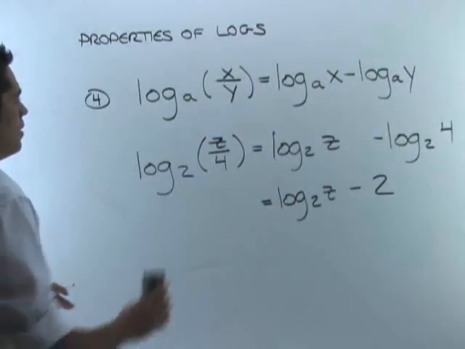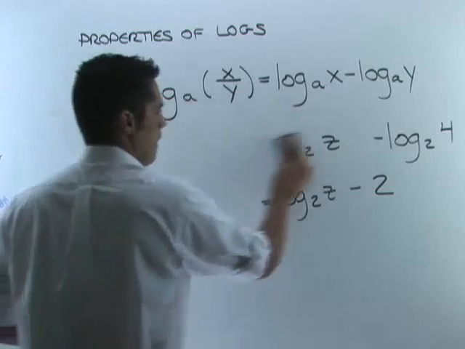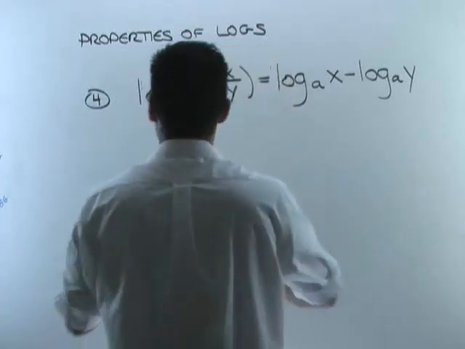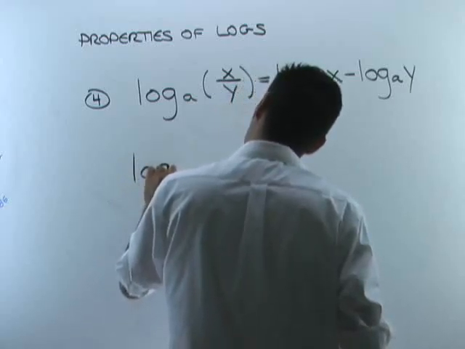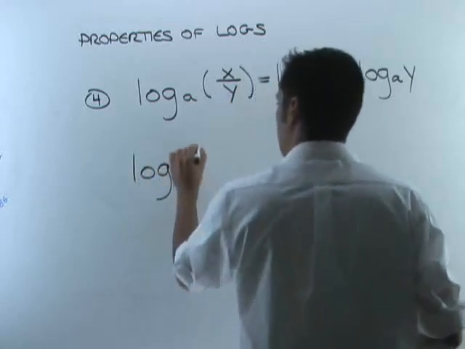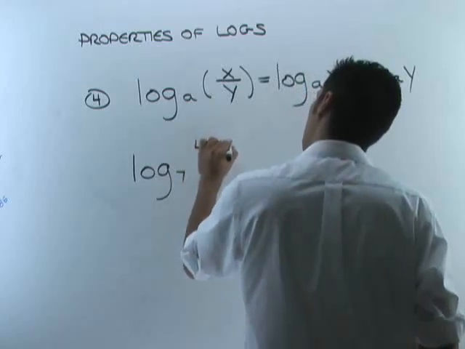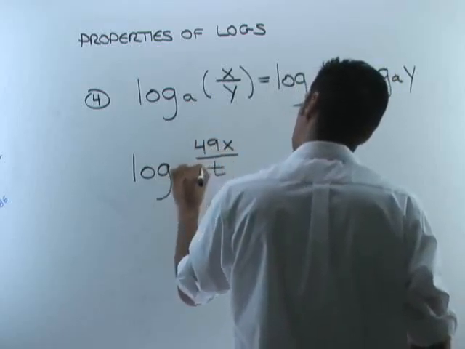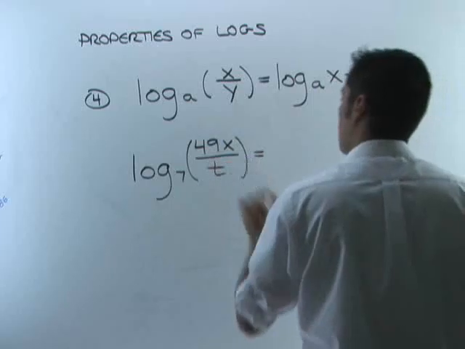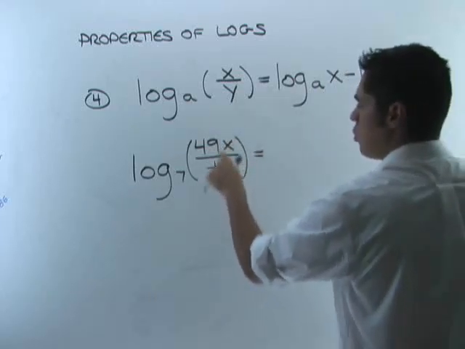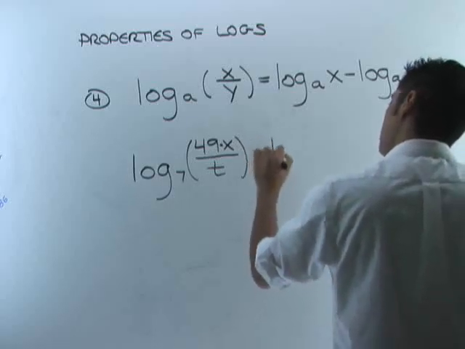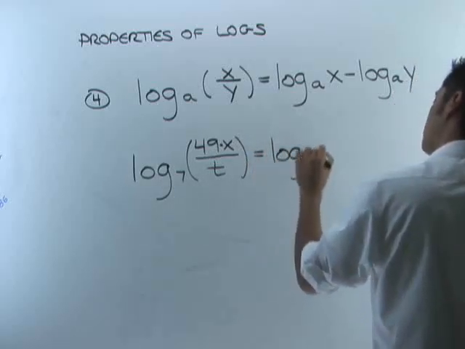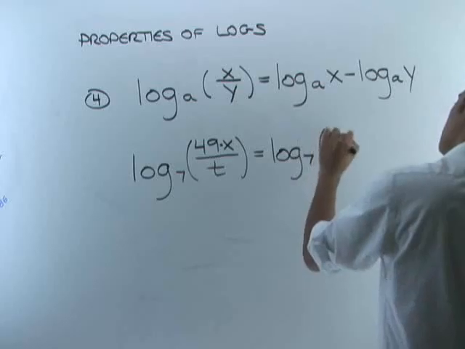Okay, let's do another one. For another one, let's do log base 7 of 49x over t. Okay, be careful here. We have division, but notice in the numerator we have multiplication. So first thing I'm going to do is just use the fact that this division can break up to become two things.